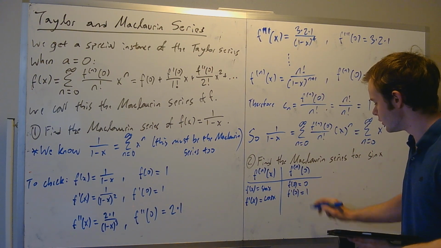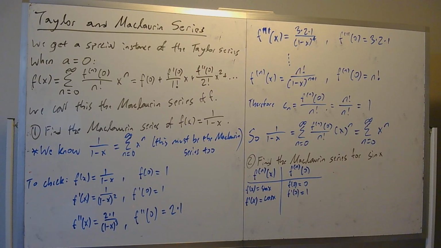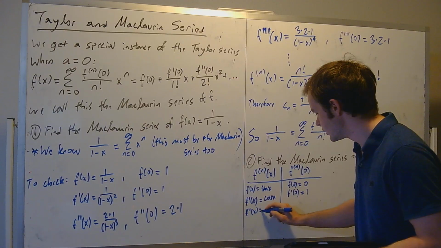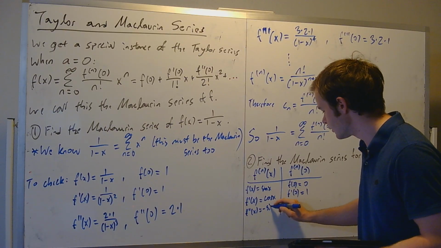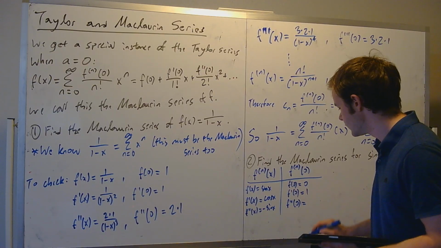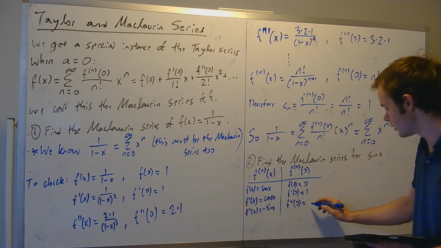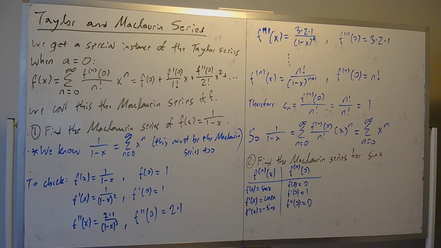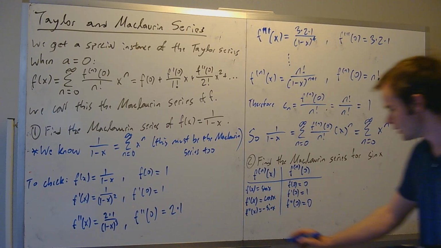Remember, cosine of 0 is 1. Now we take the derivative again. F double prime of x is going to be negative sine x, and f double prime of 0, sine of 0 would be 0, so we're going to get 0 there.